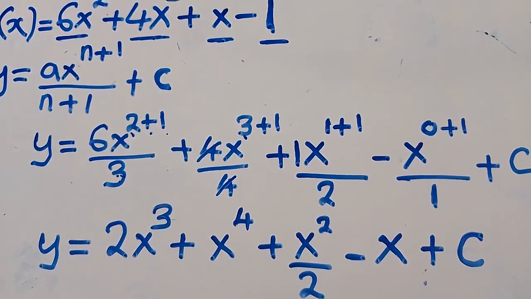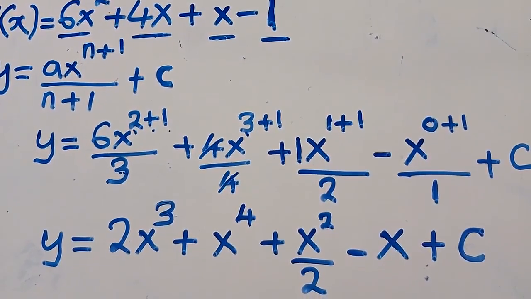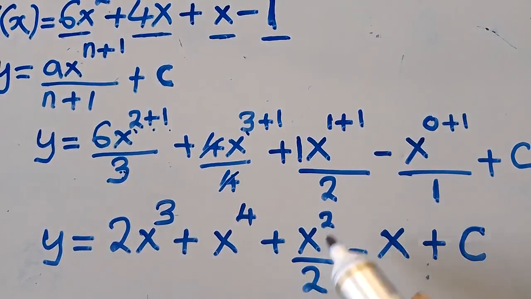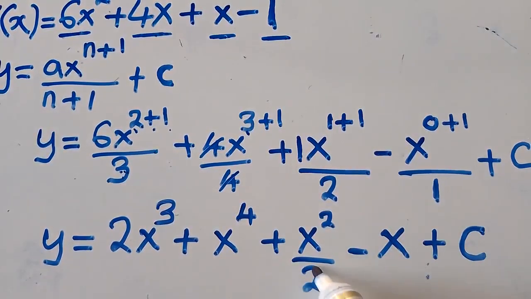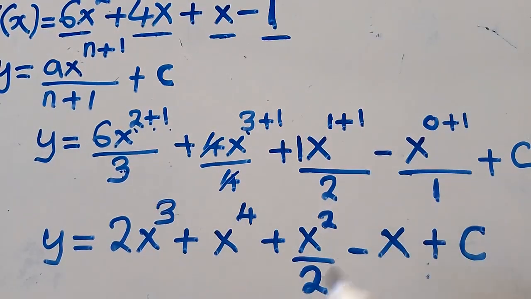So the mistakes that we get to make in an exam is where we are having something like this. Then you cancel out this one and that one. You cannot cancel out these two because this is a denominator, that is a power. These two cannot cancel out unless we are having a coefficient this side.